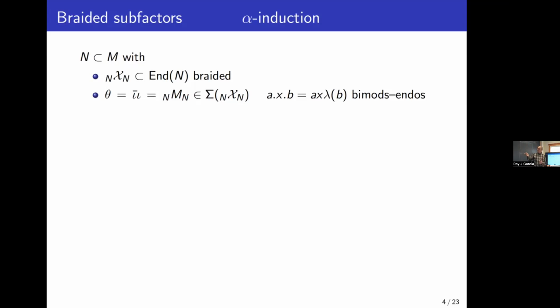So endomorphisms give rise to bimodules, and in these algebras in quantum field theory, that's all that can happen. In other words, every module arises from such an endomorphism. So you can switch back and forth between endomorphism and module pictures.